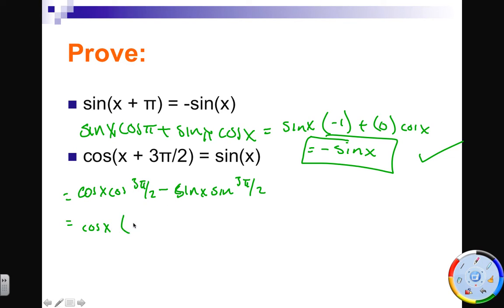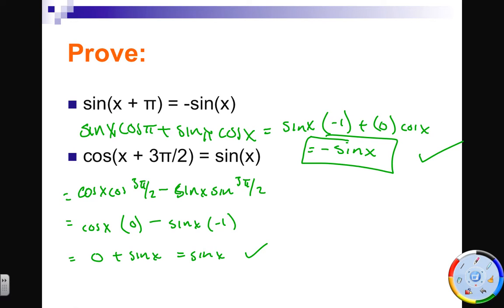Pretty sure I got this one right this time. Minus sine of 3 pi halves is -1. And negative sine of x times -1 is plus sine of x. That becomes 0 for the other piece. And you get sine of x and check mark, done.